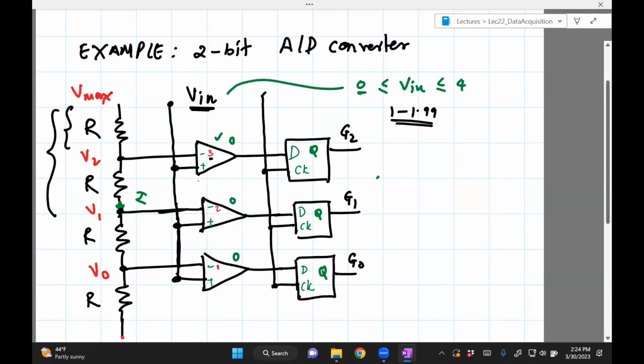Since 1.5 is greater than 1, this one will go on, 1, for 1 to 1.99. Here it will be 0 because 2 is greater than 1.5, and here it will be 0. So anything between 1 and 1.99 will have the code G0 would be 1, G1 would be 0, G2 would be 0. So 1, 0, 0.